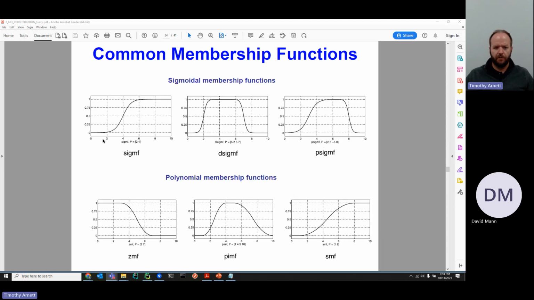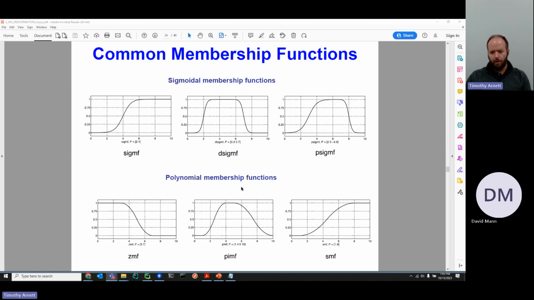Some others are sigmoidal membership functions and polynomial membership functions. You can even have completely arbitrary non-standard membership functions that look like a sequence of steps. We've seen quite a few of those in the past for particular problems. And the characteristics of the membership function are pretty relaxed.